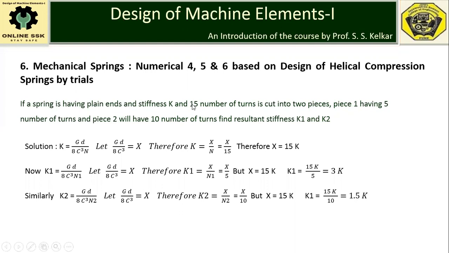If the number of turns is reduced to 5, the stiffness increases to 3 times K. If the number of turns is reduced to 10, the stiffness increases from K to 1.5 times K. As the number of turns reduces, the stiffness increases. That is proved in this numerical.